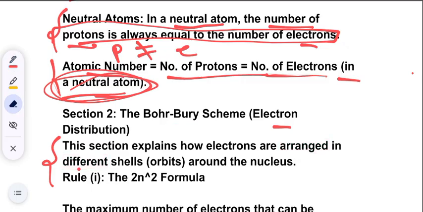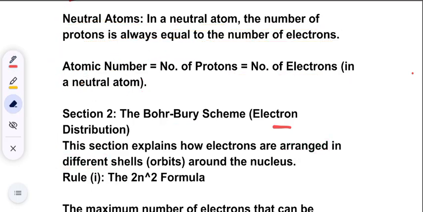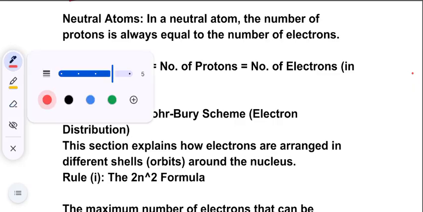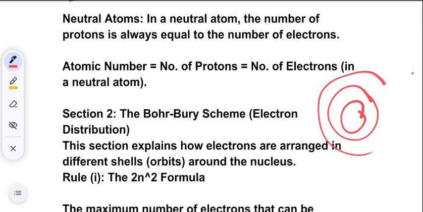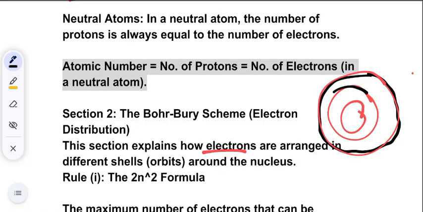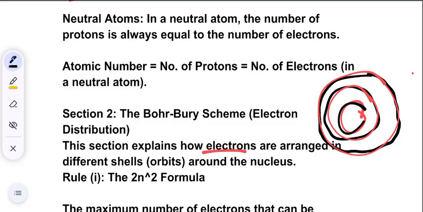We will read the definition, but before that I want to demonstrate something. Again I'm going to draw that diagram. It shows how electrons are arranged in different shells. First of all, what are shells? These circle-like structures are called shells, orbits, or energy shells.